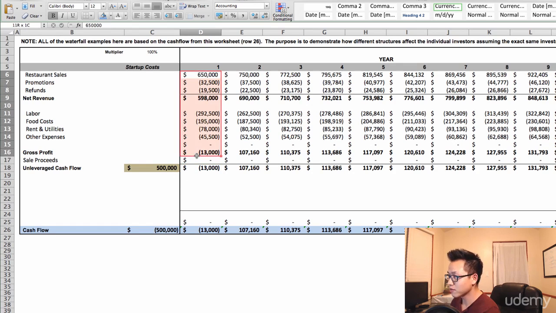So based on our assumptions, first year, over deploying labor, wasting food, not marketing very well, and still ramping up business. First year, they're going to operate at a loss, and a lot of restaurants do that in the first year. It takes time to really build up their sales, but we're assuming that this restaurant is going to really find its footing in the second and third years, and then stabilize at making a little over 100 grand in profits every year.